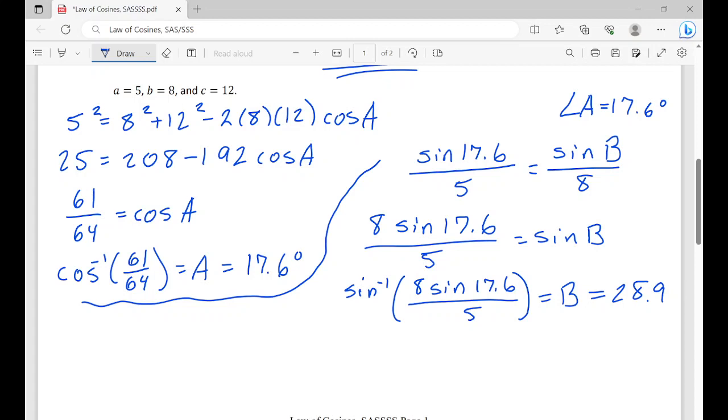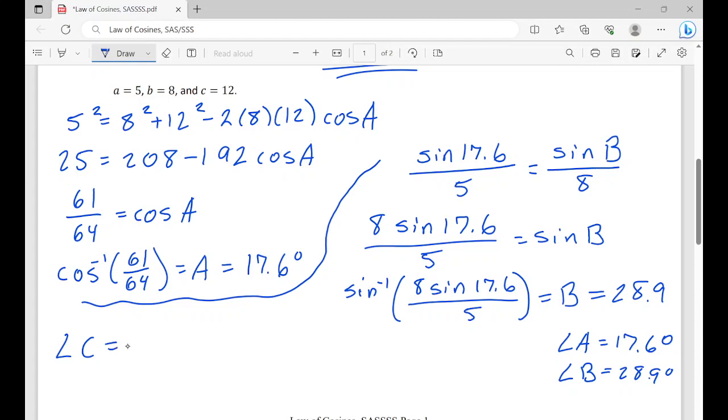So there's that. I'm going to bring down here angle A, 17.6 degrees, angle B, 28.9 degrees. And then finding angle C is very simple.